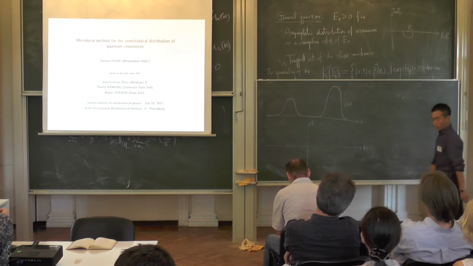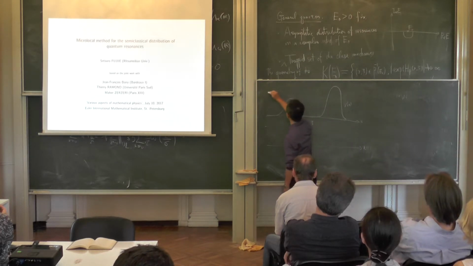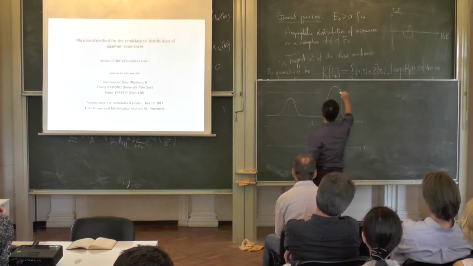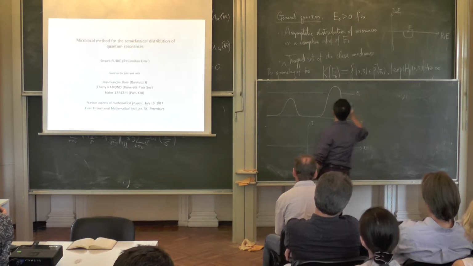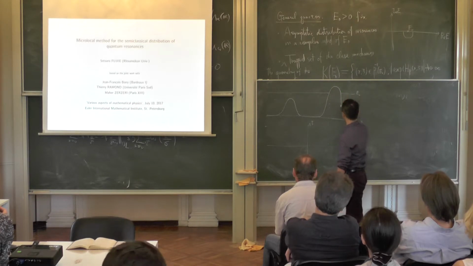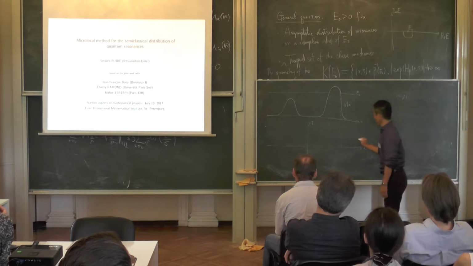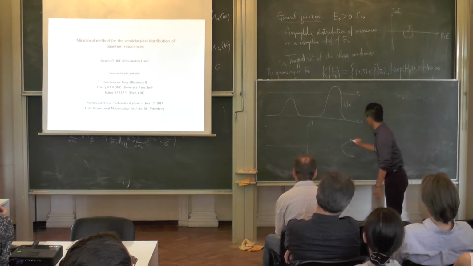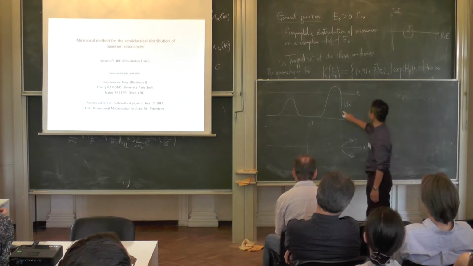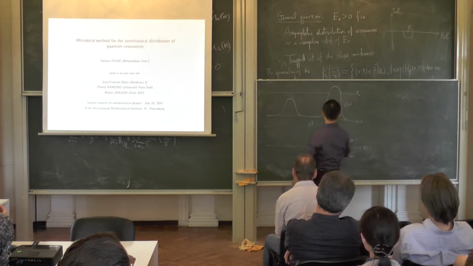For example, if you take an energy E0 here, at this level, then the classical trajectory is something like that. The particle comes here, goes, and here also something like that.